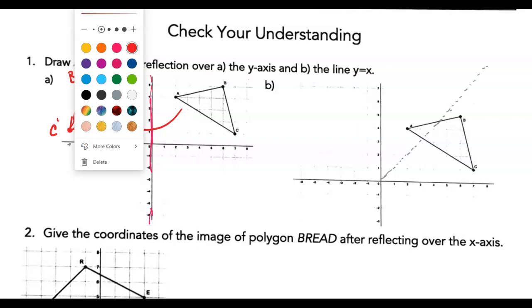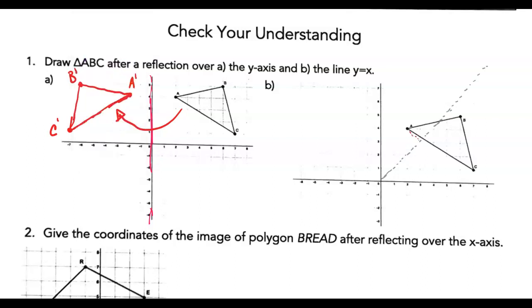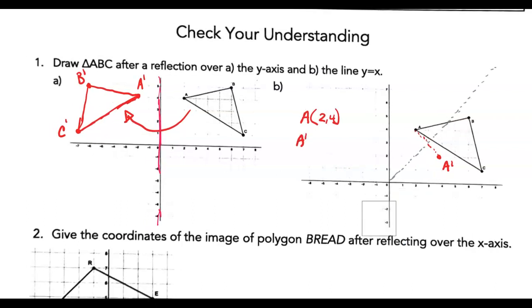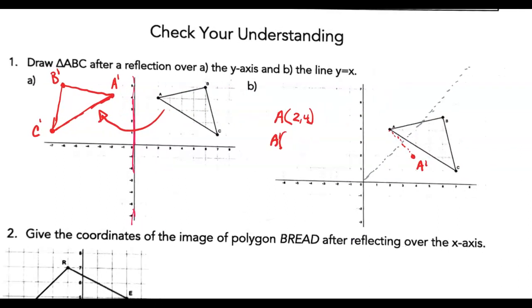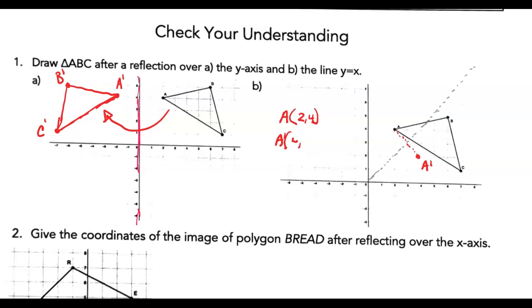So I can see here, this one is 1 unit away, so now I'm going to go 1 unit away over here to get A prime. We can see that point A was 2, 4, and point A prime is 4, 2. So it looks like we might have a pattern forming here.